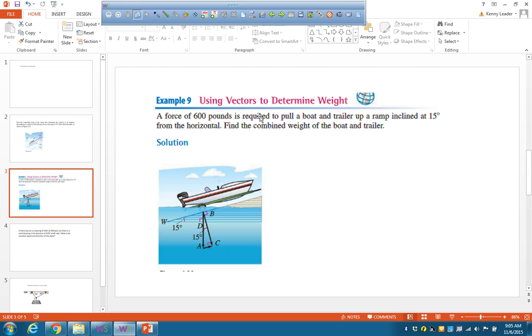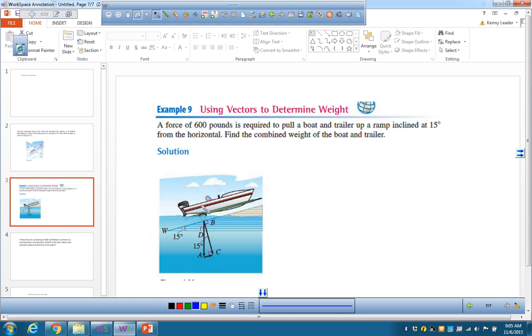You have a force of 600 pounds required to pull a boat trailer up an incline ramp of 15 degrees. What they want to know is how much the boat and the trailer weigh.